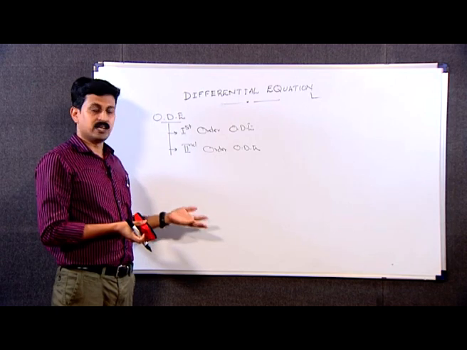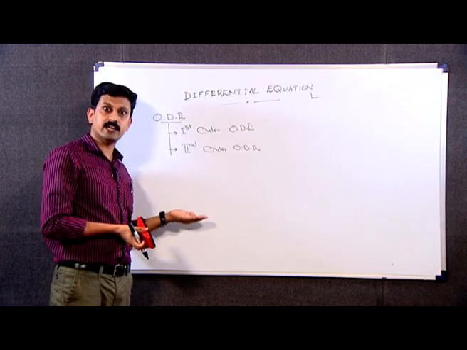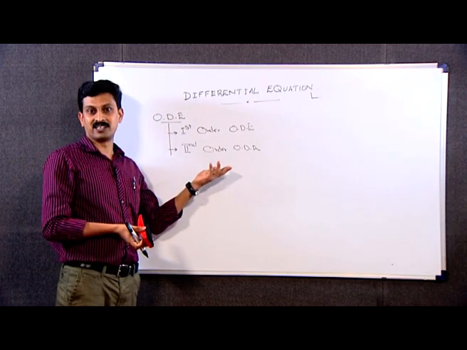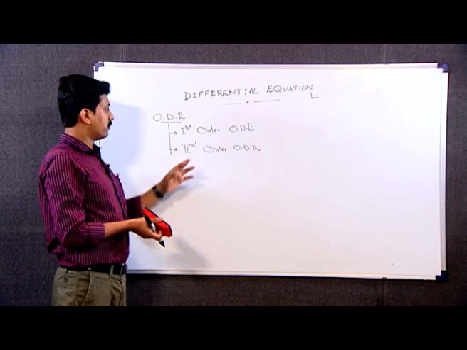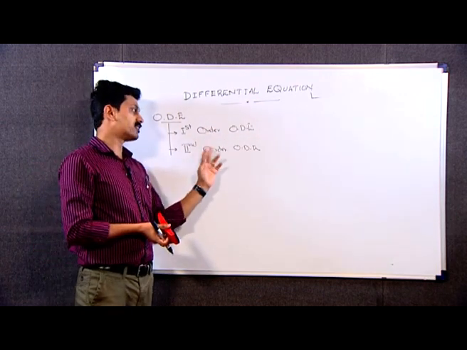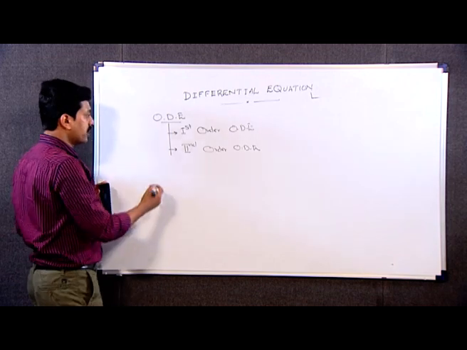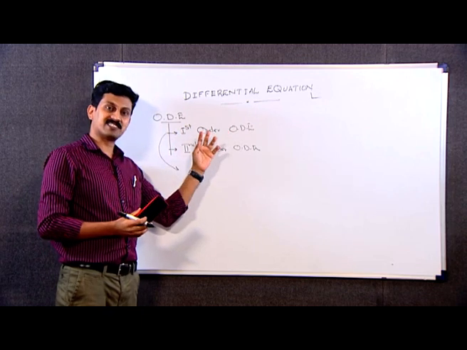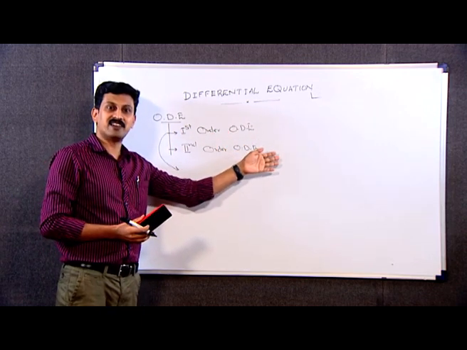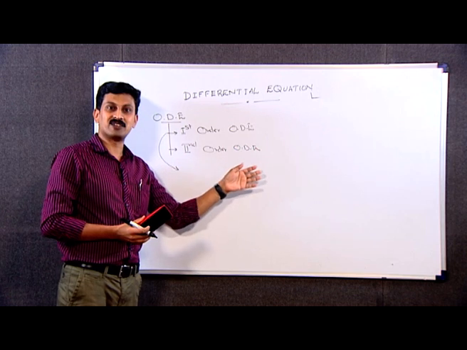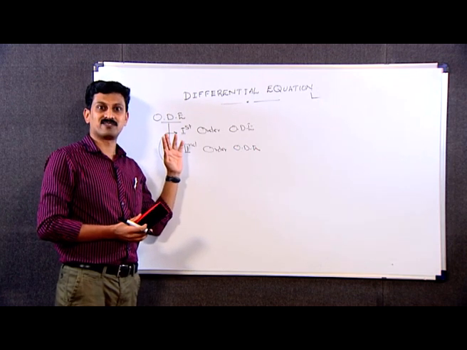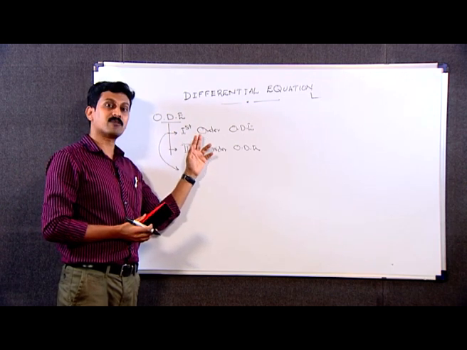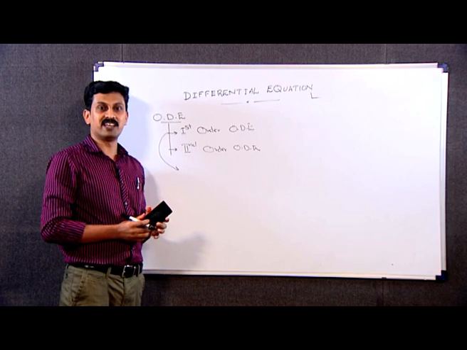We can have many ODEs. As we said, if the equation involves d cube y by dx cube, it is a third order ordinary differential equation. But in our sessions, we focus on first order as well as second order ordinary differential equations. First order ODE is a differential equation involving only the first order derivative, the maximum order derivative being dy by dx.